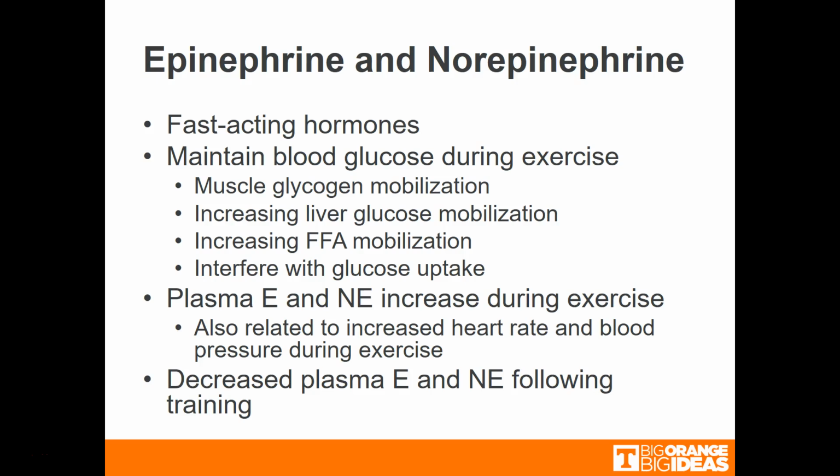So they tend to have lower heart rates, lower blood pressure, lower oxygen consumption. And part of that decrease in all these physiological variables is due to the decrease in the plasma epinephrine and norepinephrine. Because you don't need the heart to beat as quickly, or you don't need to use as much oxygen to do that activity, it decreases the action of those hormones.